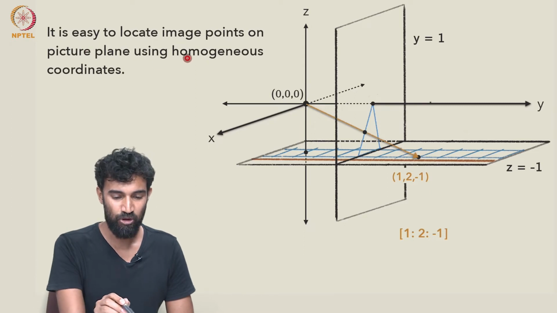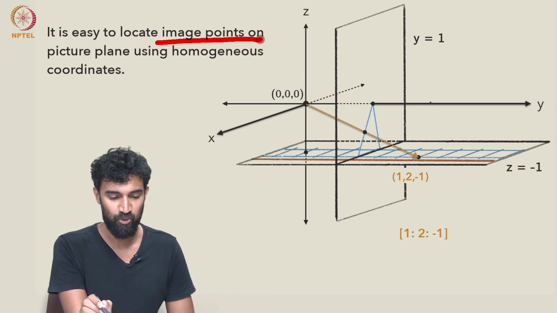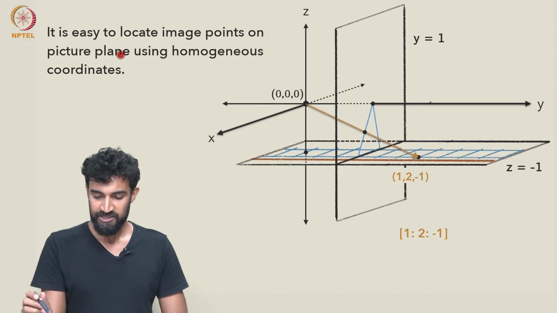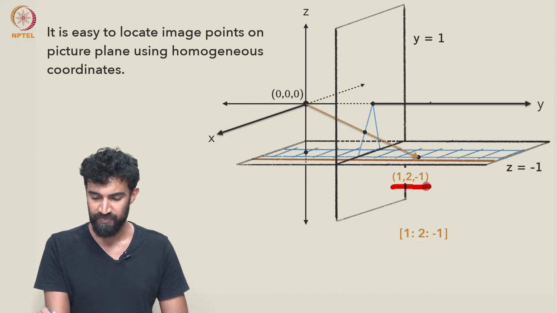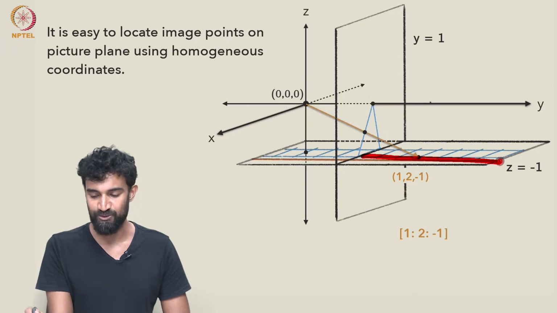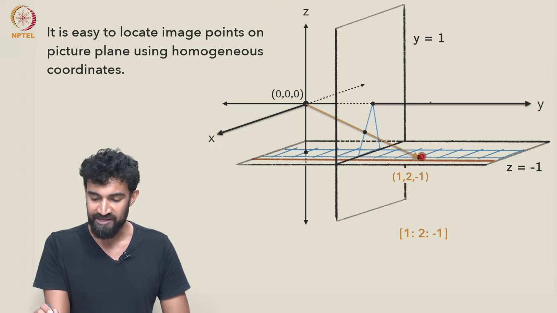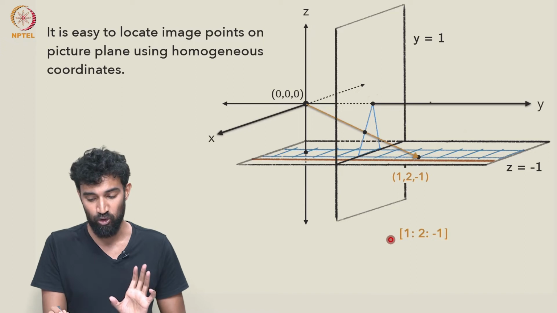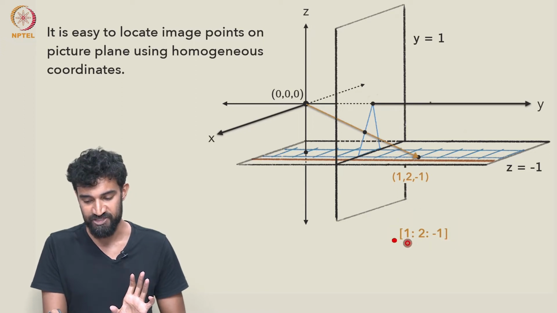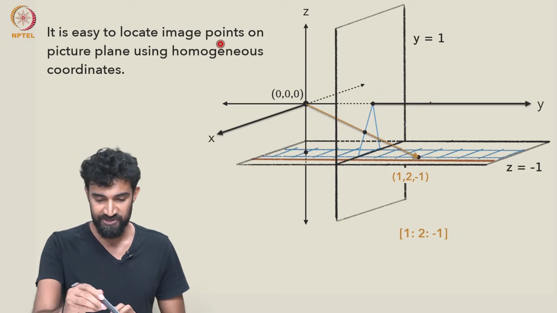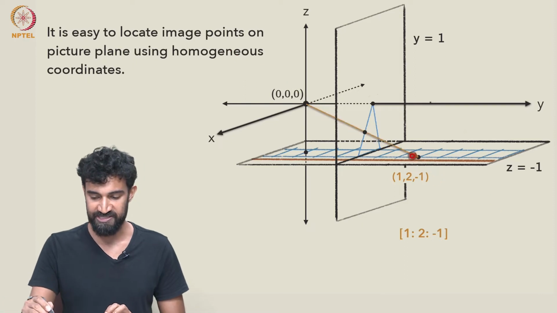Using homogeneous coordinates, it's easy to locate image points on the picture plane. So here's a point 1, 2, -1, and it's a point on this side rail. The railway tracks are on this ground plane z equals -1. If we write that point in homogeneous coordinates, this is a way of now referring not just to the point, but to this line through the origin containing that point.